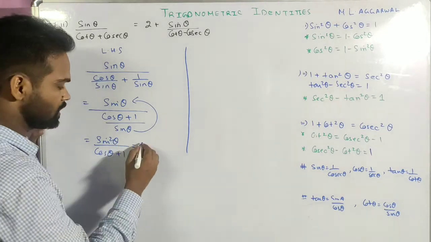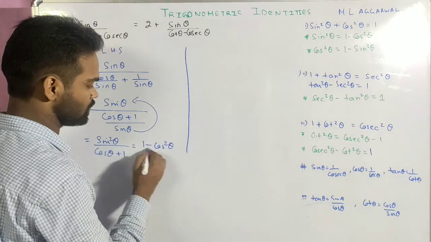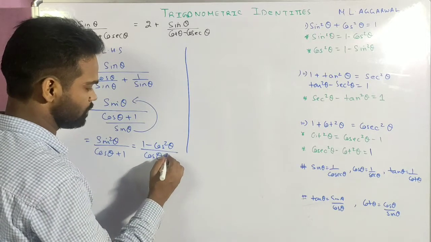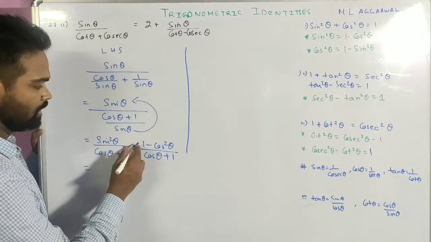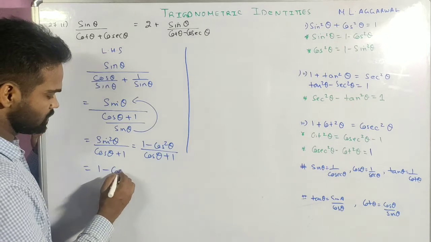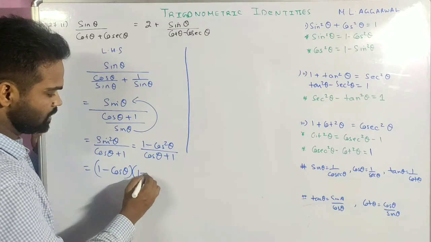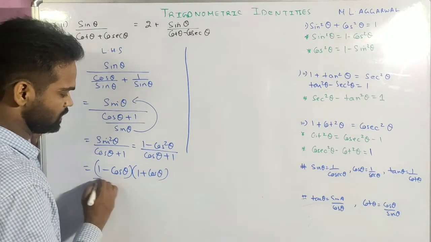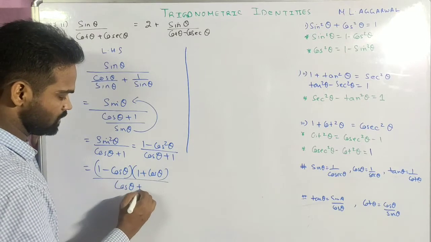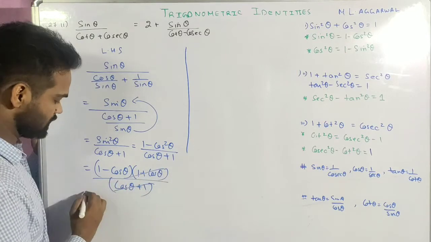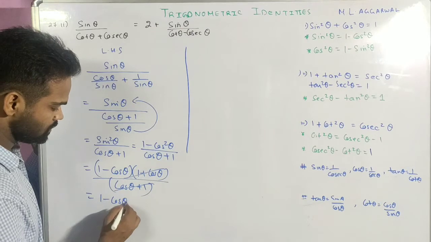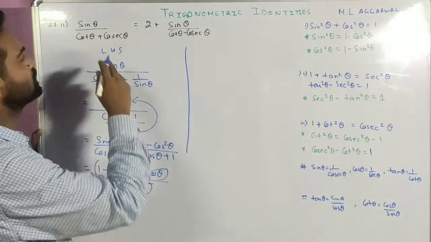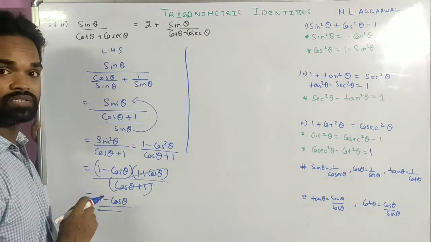Now sin square theta I can write 1 minus cos square theta by cos theta plus 1. Now a square minus b square, can I write a minus b, a plus b by cos theta plus 1. So this and this cancels out. What remains? So when you simplified the left hand side, we got 1 minus cos theta.